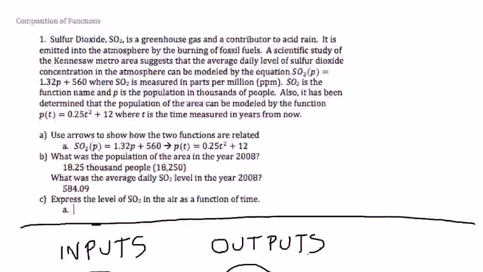Thanks for the question. Here it is, composition of functions. Sulfur dioxide, SO2, a greenhouse gas and a contributor to acid rain, is emitted into the atmosphere by the burning of fossil fuels.